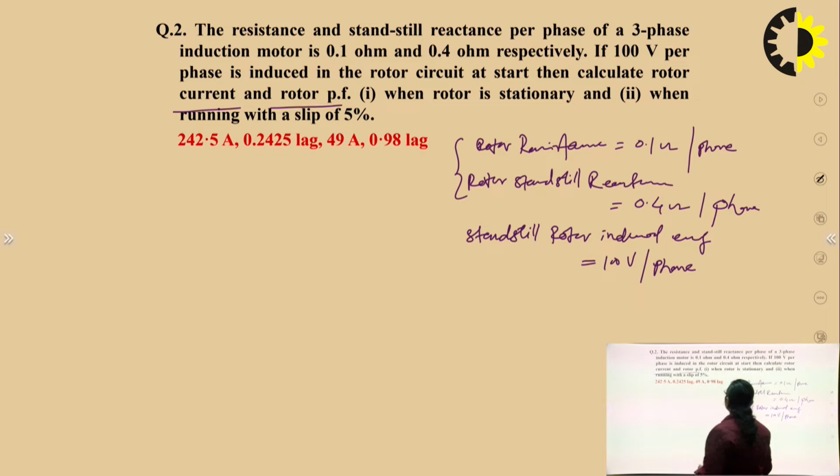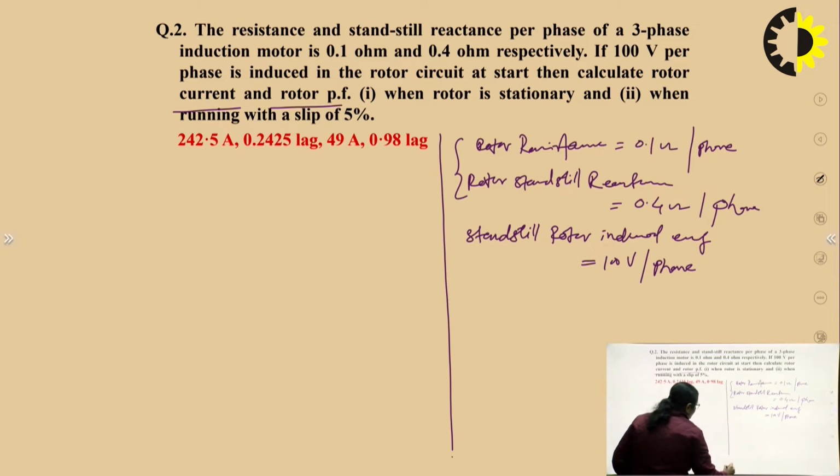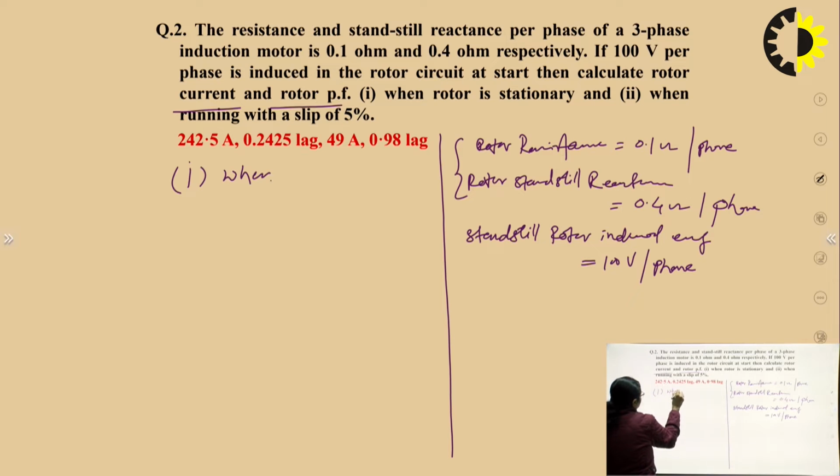So, when rotor is stationary, let us start with the first part of the question. When rotor is stationary, we need to determine the rotor current and the rotor power factor, right?